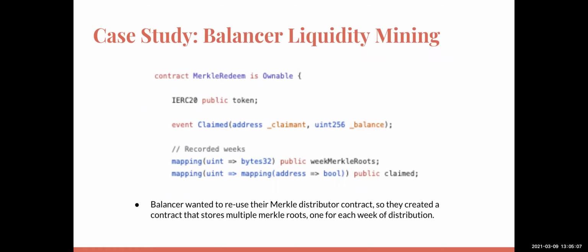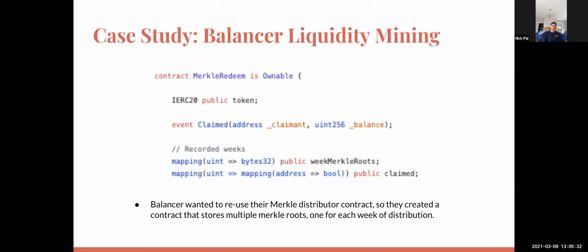Balancer also uses a slightly derived version of the Uniswap smart contract, whereas Uniswap deployed a one-time Merkle tree. They deployed a single contract and uploaded a single root hash for all 100,000 UNI claims. And once it was deployed, it was never used for anything else. Now, Balancer wanted to distribute claims in consecutive weeks.